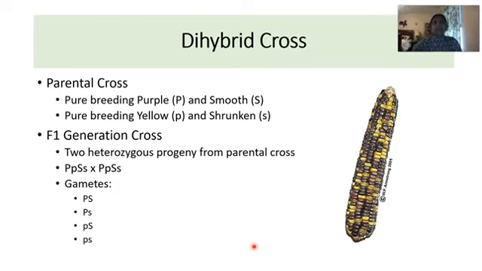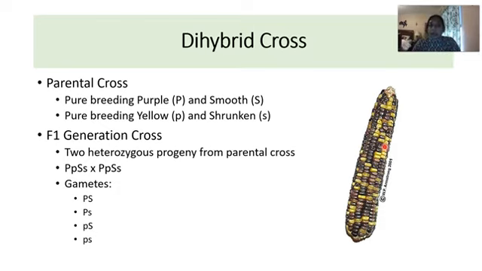the concept appropriately. So in this case, I'm giving you an example with a parental cross where a pure breeding purple and smooth corn is crossed with a pure breeding yellow and shrunken. Both of those are recessive corn plant phenotypes.